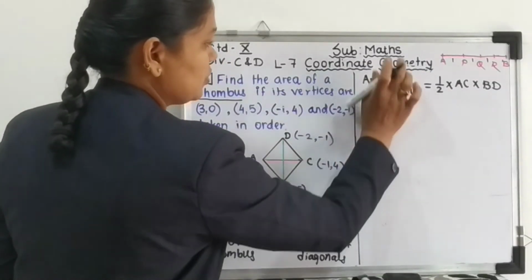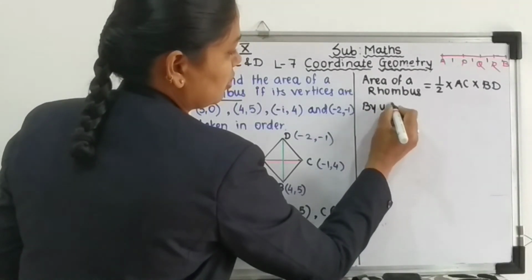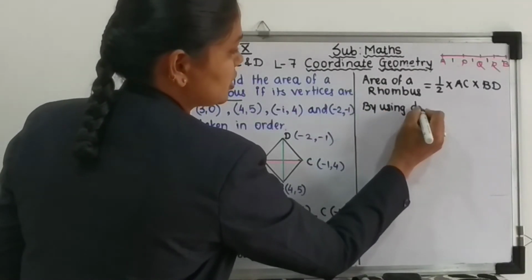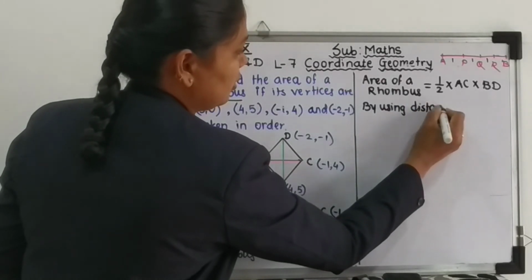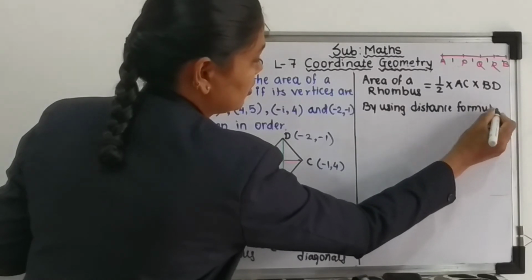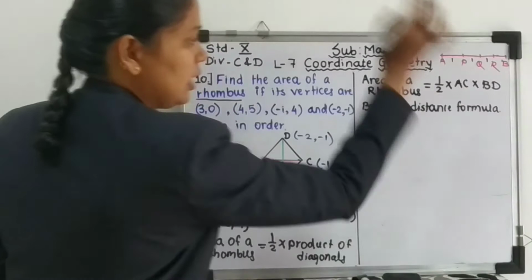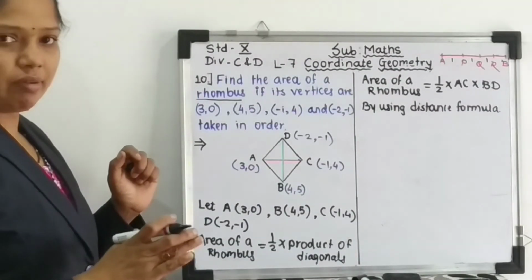Shall I mention here by using distance formula? Yes, by using distance formula, we are going to find out AC as well as BD. Separately we will find out.